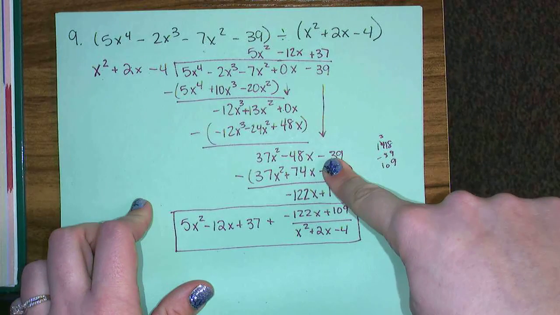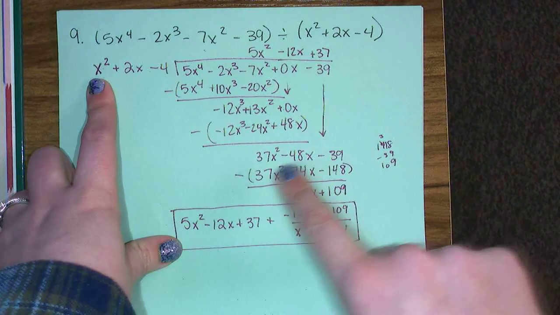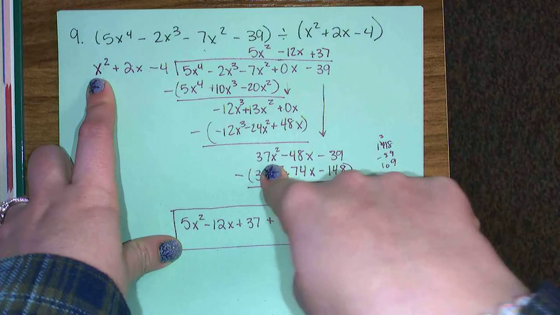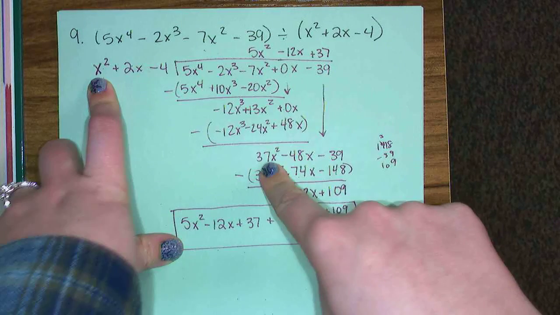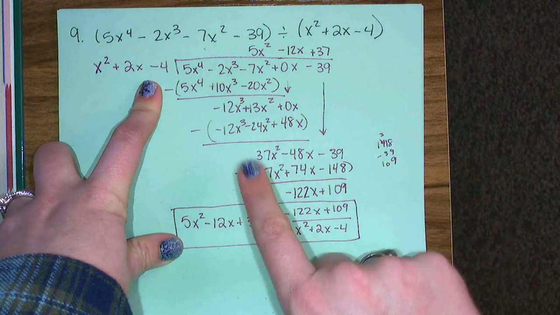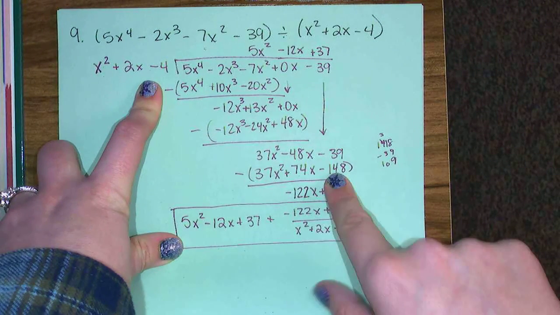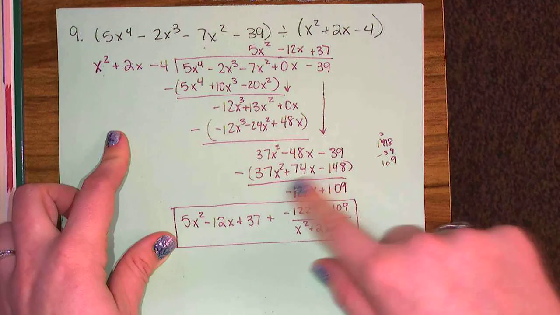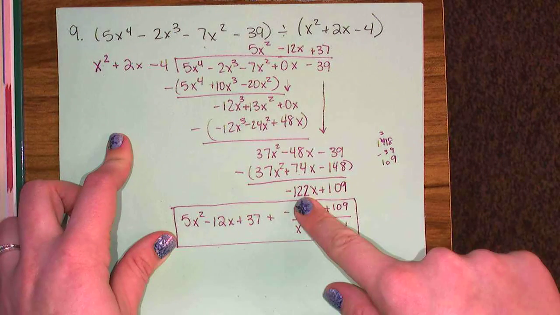So what do I need to multiply x squared by to get 37x squared? Just 37. So multiplying by 37, you get 37x squared, 74x, and negative 148. Then just subtracting these bottom numbers leaves you with negative 122x plus 109.